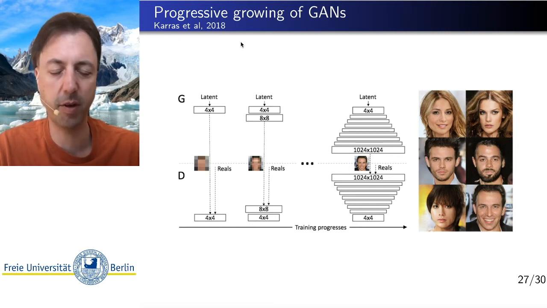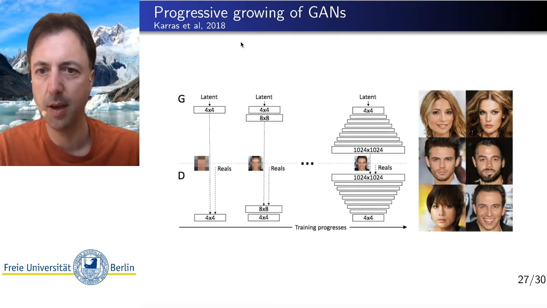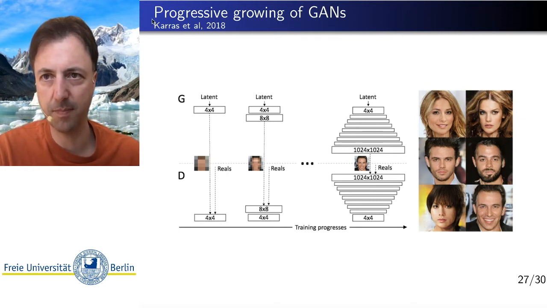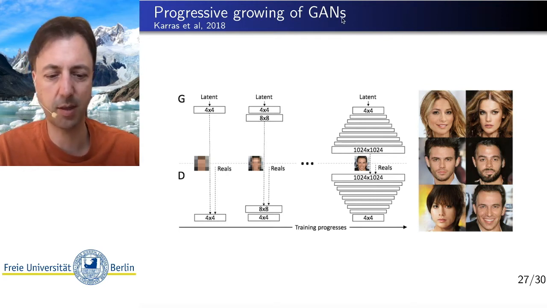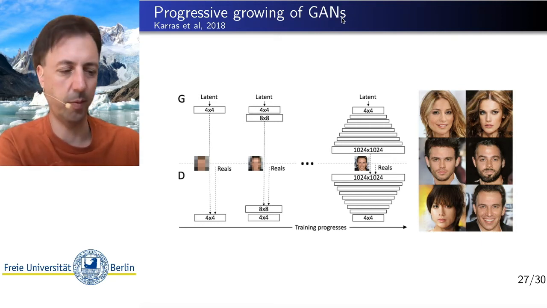But it was very difficult or infeasible to generate images that are like 1024 by 1024. And this paper made an important step forward in that direction by viewing this problem as a multi-scale problem.